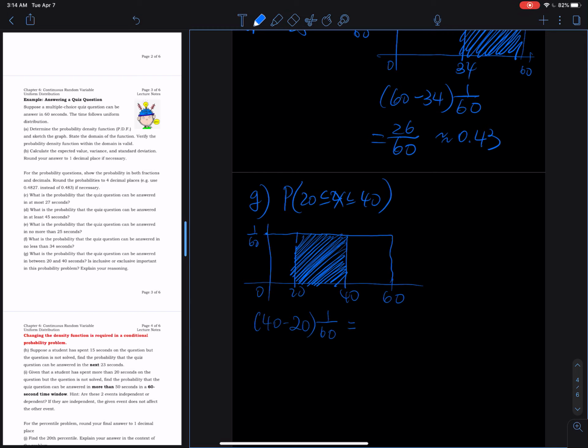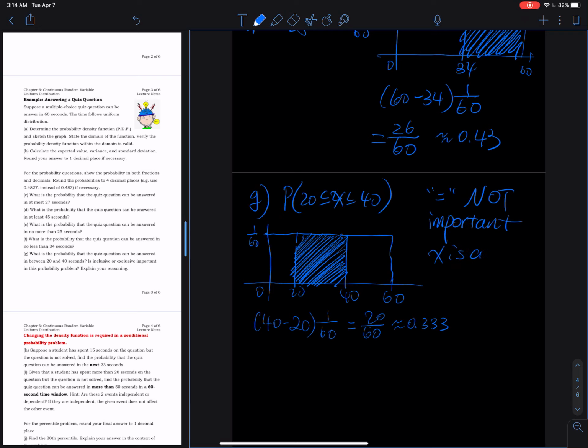So this is 1/3, right? 20 divided by 60, 1/3. So that is 0.3333333, a bunch of 3s. Is the equal important? The answer is no. The reason is x is a continuous random variable. That's why the equal sign is not important.